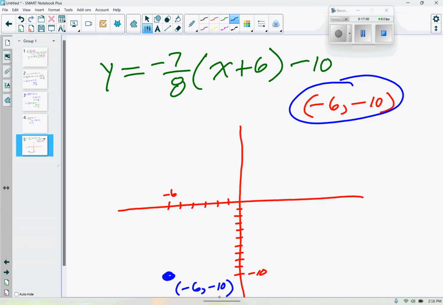Do you feel comfortable with that so far? All right, what was my slope of this one? Negative 7 over 8. Okay.